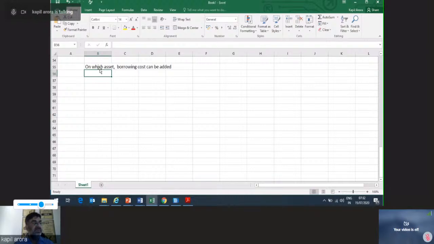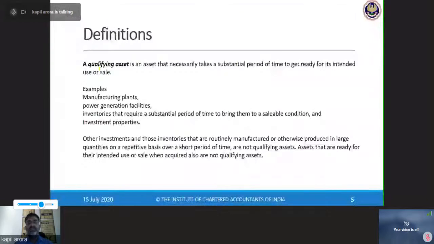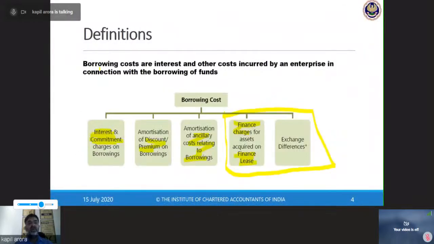We will discuss whether those exchange differences and everything will be added or not. Yes, it should be added, but to what extent?